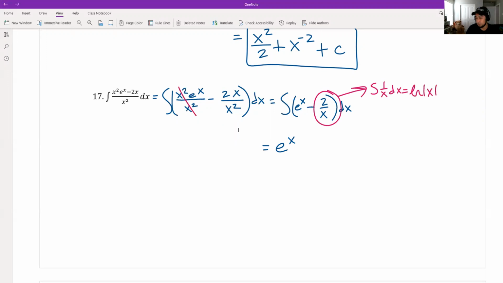So the 2 waits outside, and you'll get 2 times the natural log of the absolute value of x. Okay, we're done. Rewrite it as e to the x minus 2 times the natural log of the absolute value of x plus c. Done.